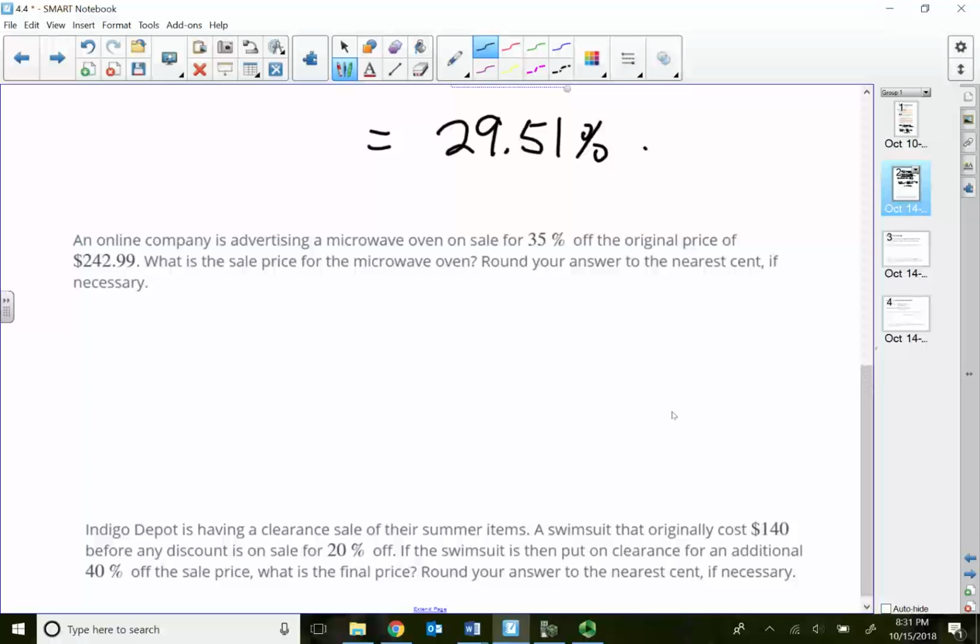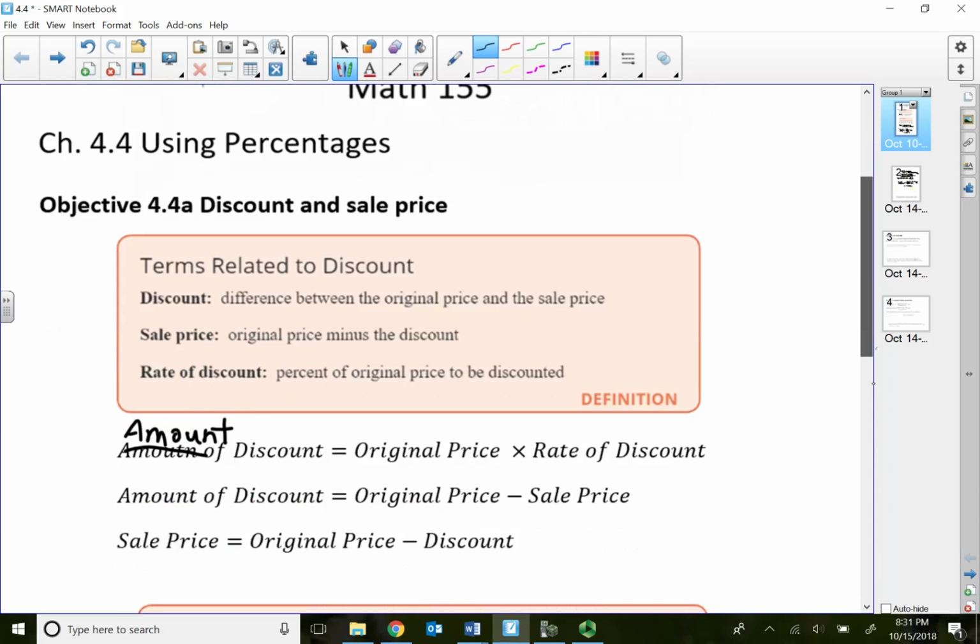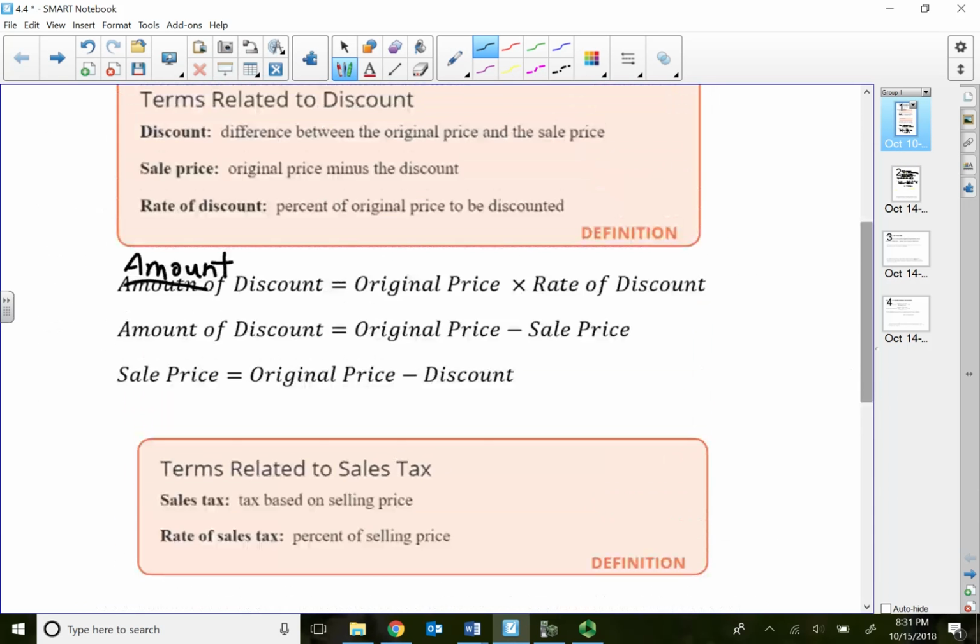All right, let's try another one. An online company is advertising a microwave oven on sale for 35% off. So I'm getting 35% off the original price. What is the sale price now? Let's go back up here. I'm getting 35% off, so I can figure out the amount of discount by taking the original price times the rate of discount.